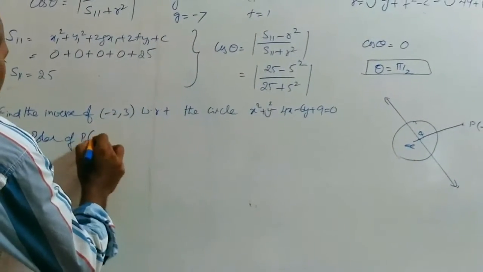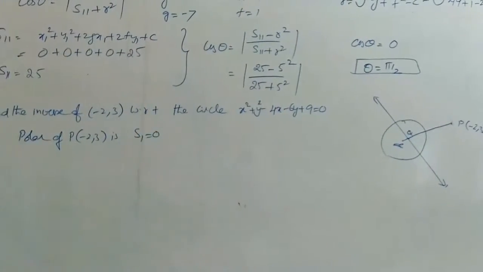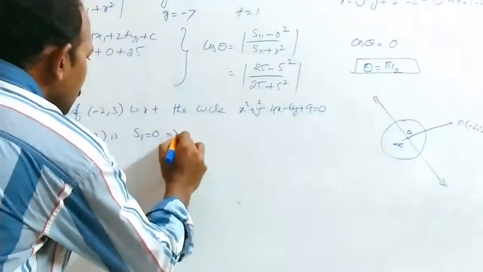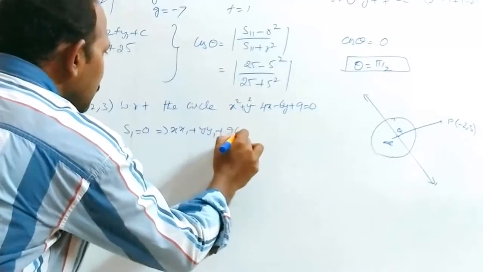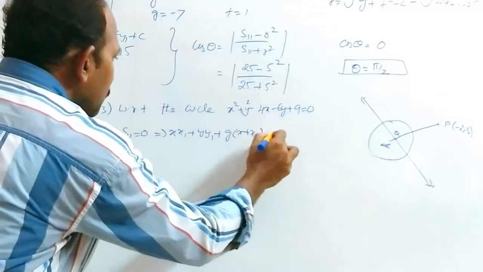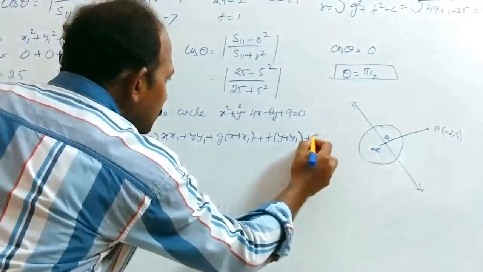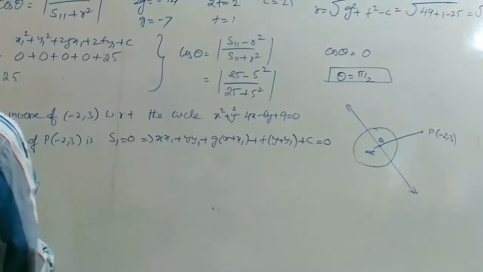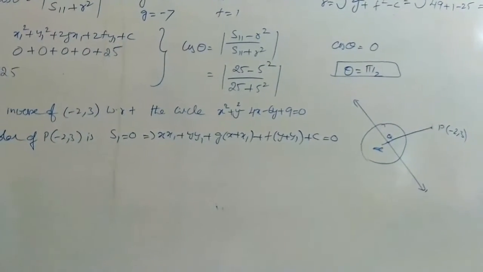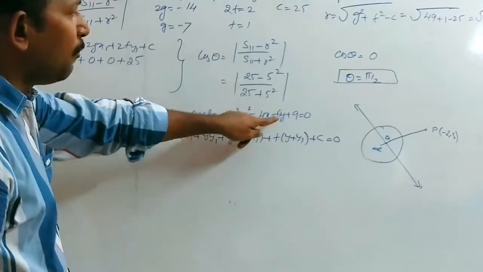The polar of P (−2, 3) is S1 = 0. What is the meaning of S1? It is xx1 + yy1 + g(x + x1) + f(y + y1) + c = 0. Let us find the center C. The center is (−g, −f).